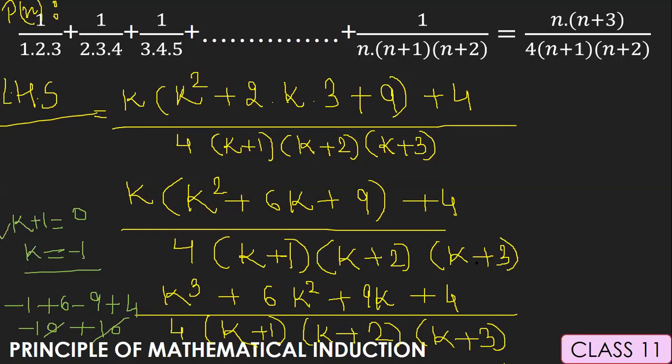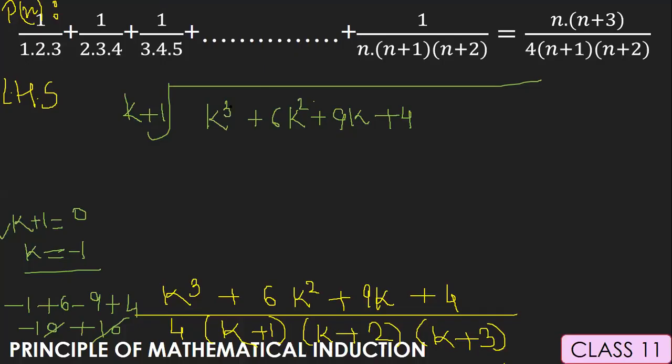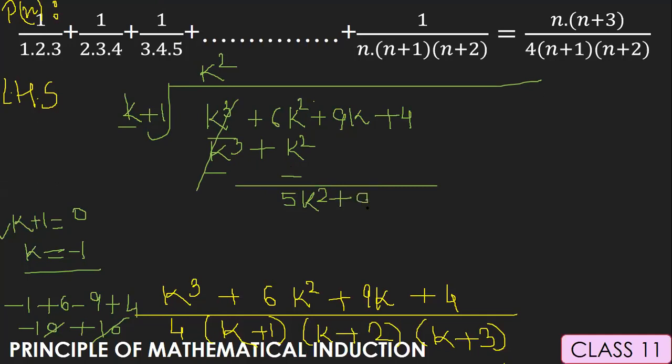Now let us divide the numerator by k plus 1 to get the other factors. To get k cube, k would be multiplied with k square. k square multiplied by 1 would be k square. Change the sign and cancel out, k cube would cancel out, and here you are left with 5k square plus 9k.